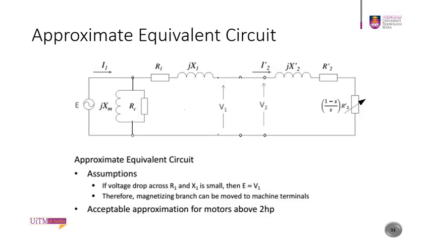For the first assumption, if the voltage drop across R1 and X1 is small enough, we can say that E is approximately equal to V1. Therefore the magnetizing branch can be moved to the machine terminal, and this is acceptable for motors above 2 HP.